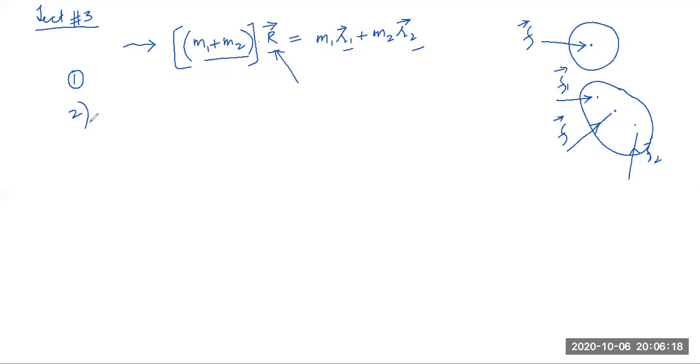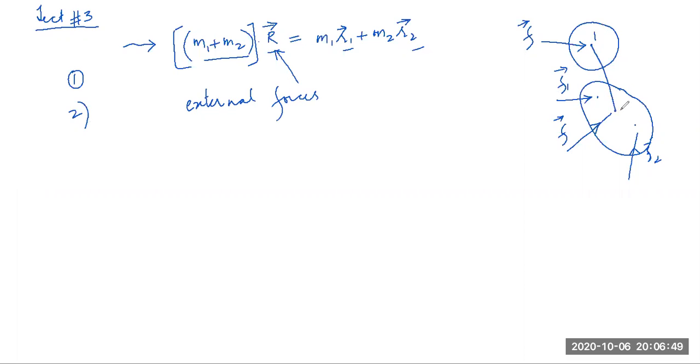This derivation shows that for the concept of center of mass, the motion of the total mass of the system is described under the effect of external forces only. What does this mean? This means the internal forces, the forces between these two particles, cancel.